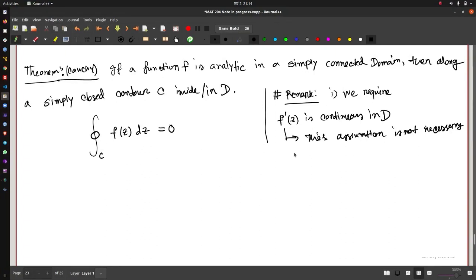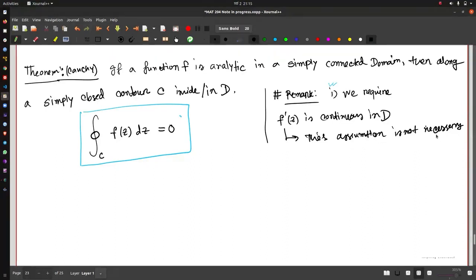That means there is a generalization of this theorem which tells you the same thing, but it doesn't rely on the assumption that the derivative of the function inside that domain has to be continuous. In fact, from the Cauchy-Goursat theorem, you can see that this condition, that we require f prime of z to be continuous in D, becomes a consequence of this result. But we will not get into that, it's just a remark.